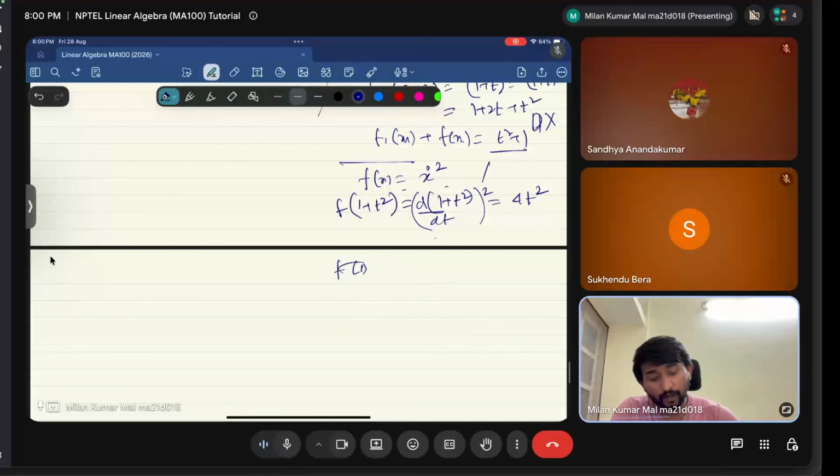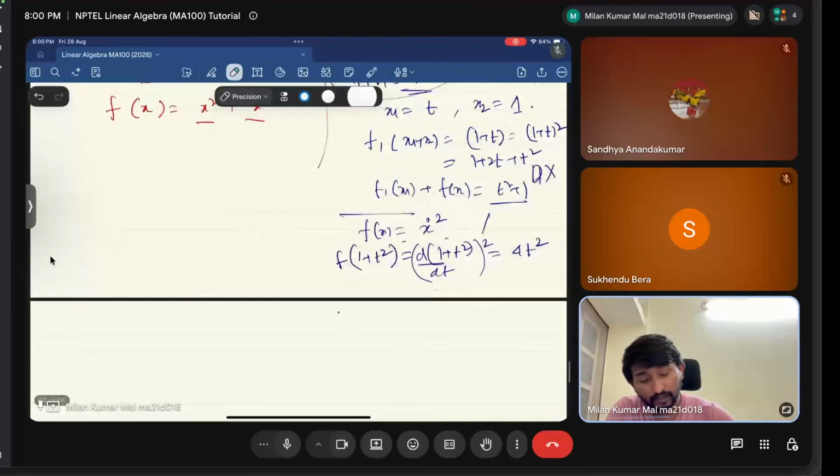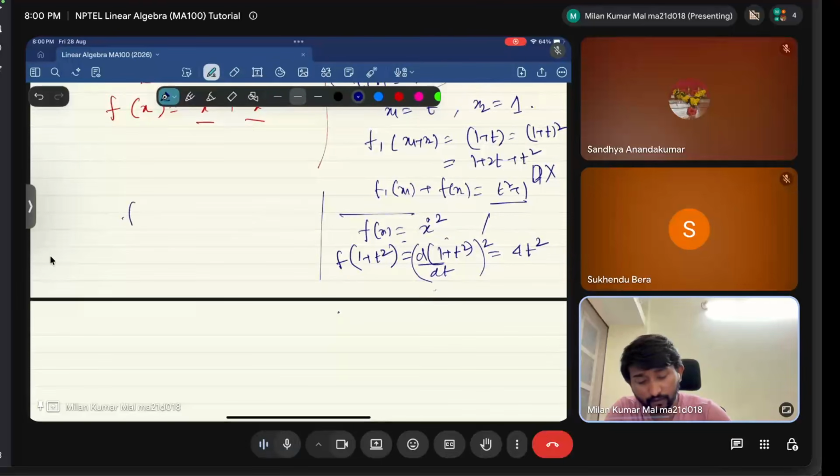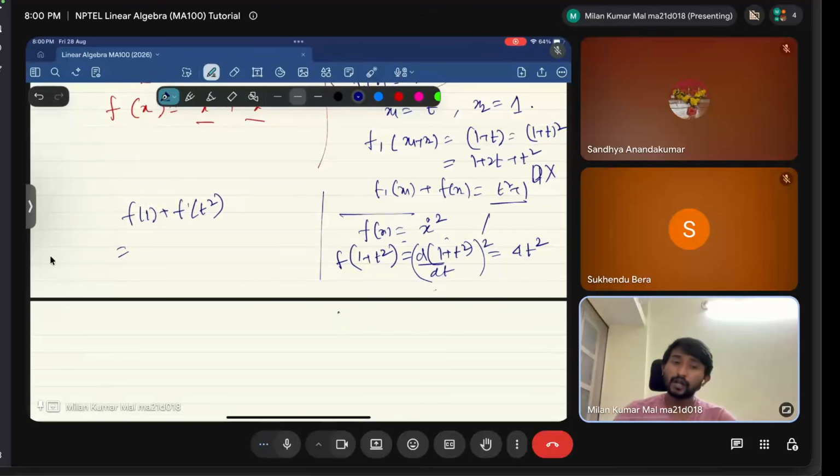Similarly, if I calculate this function f of 1 plus f of t square, what will it be? First, f of 1, that is the first derivative of 1, that is 0, and its square is 0 again, plus 2t plus... I think I'm making a little mistake.